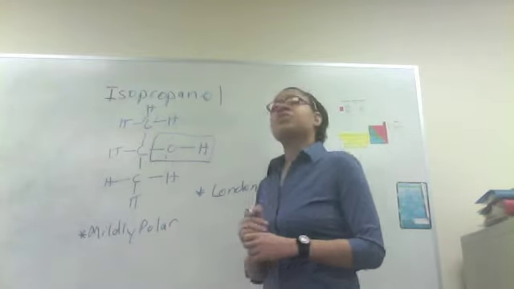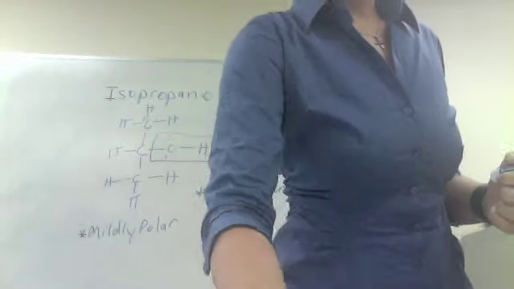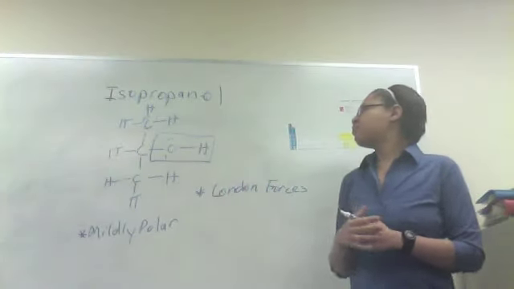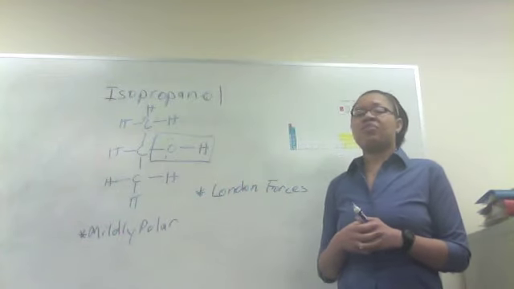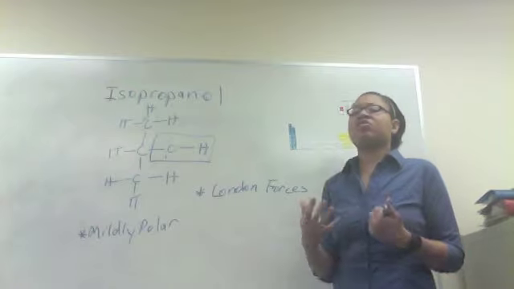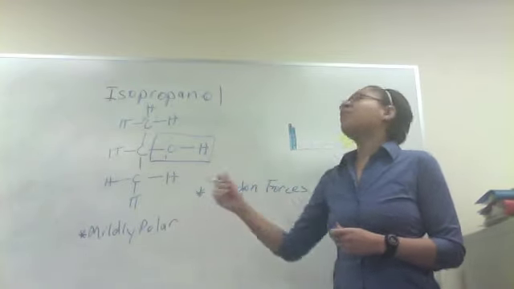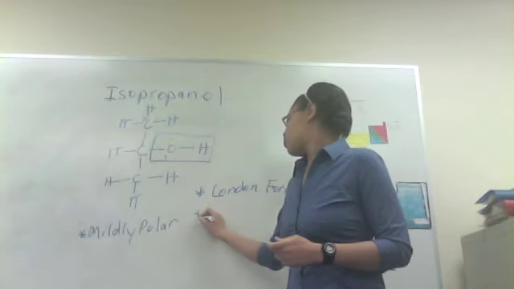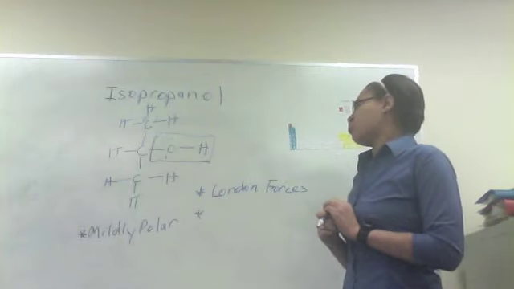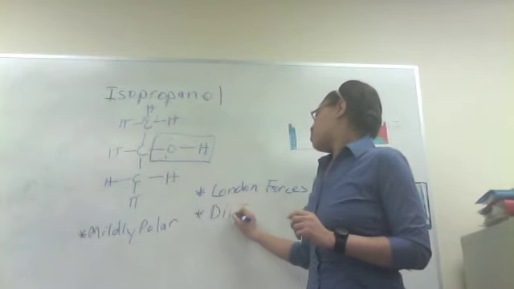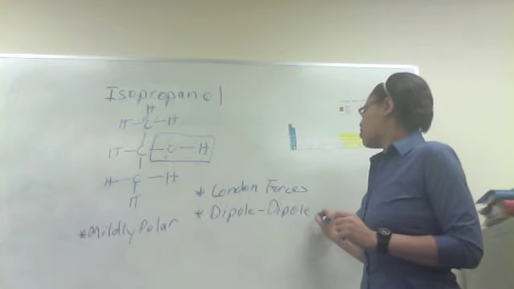And again, for exams, I will give you an example where you'll be able to very much tell if a molecule is polar. Usually we'll stick to small molecules. So since isopropanol is polar, or at least slightly polar, polar molecules will also have dipole-dipole interactions.